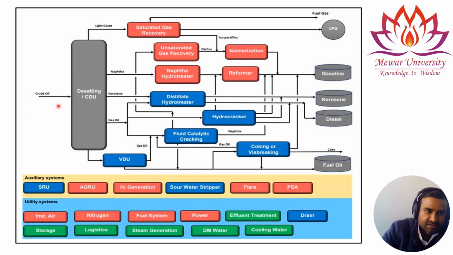You can see from the desalting of the crude oil, the different products are coming, like light gases, naphtha, we have kerosene, gas oil, and this is saturated gas recovery, this is unsaturated gas recovery. Then naphtha hydrotreater, we have distillate hydrotreater, fluid catalytic cracking, hydrocracker, reformer, isomerization, and coking with visbreaking, fluid catalytic cracking, VDU.